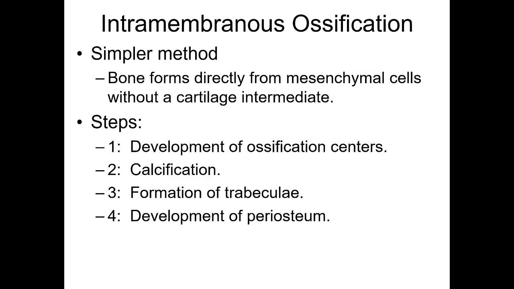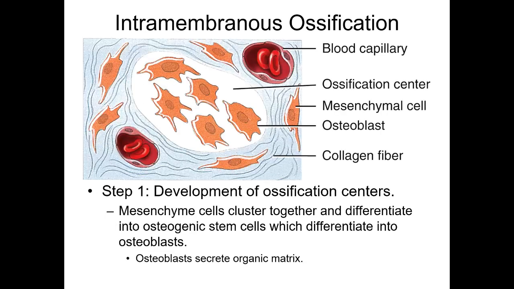So let's talk about step number 1. In the connective tissues chapter, we talked about the embryonic connective tissues. There are 2 types of embryonic connective tissues, and the most common one is called mesenchyme. Now, in step 1, a rough ossification center develops.